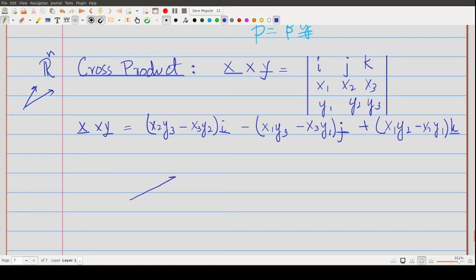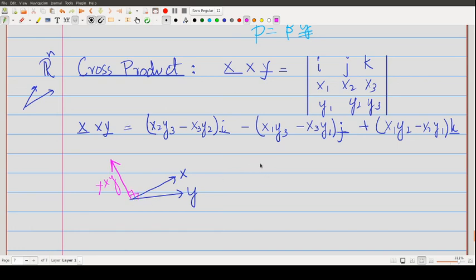And so this is the cross product, and what it gives you is, if you have a vector x and a vector y, then the cross product of x and y will give you a vector that is orthogonal. So x cross y gives you a vector that is orthogonal to x and orthogonal to y.